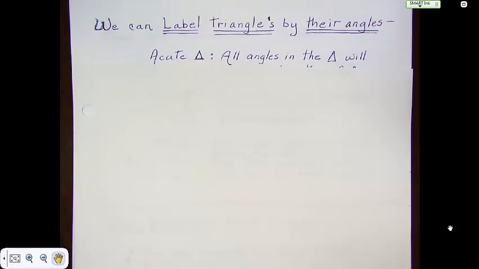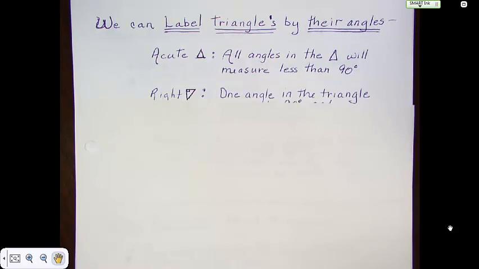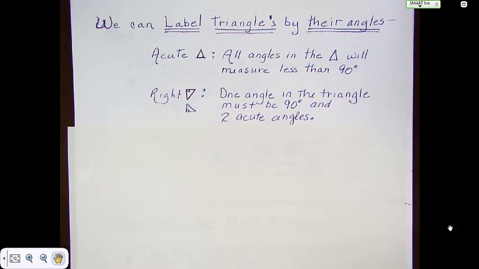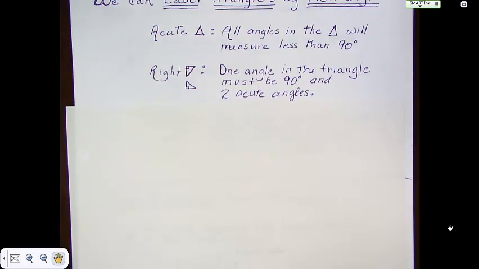Now, we can label triangles by their angles. That means the angles that are inside the triangles. An acute triangle will have all the angles in the triangle measuring less than 90 degrees. A right triangle will have one angle that is 90 degrees, and the other 2 angles will be less than 90 degrees.